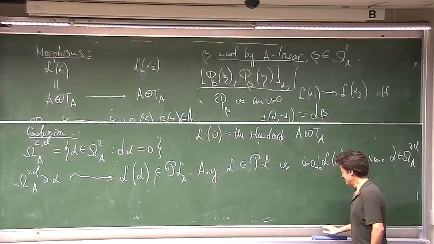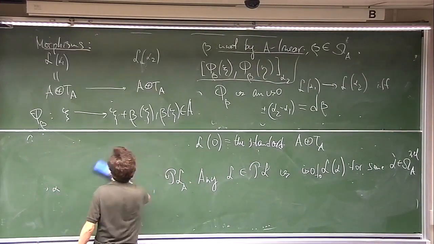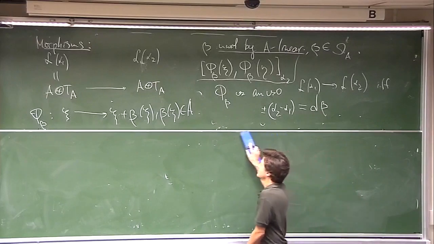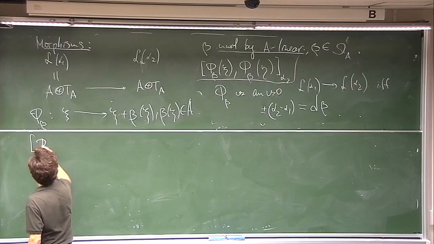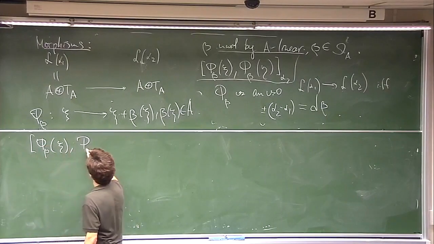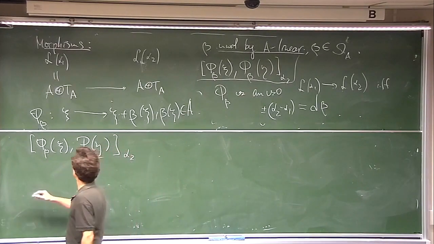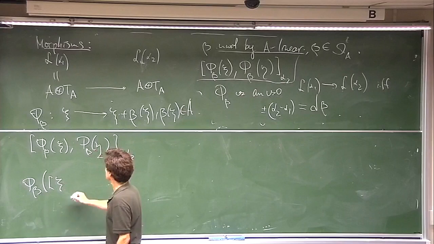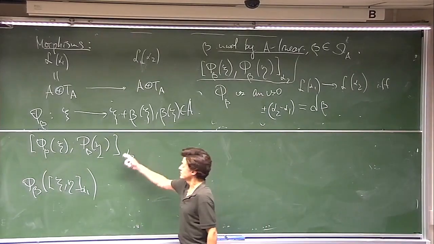But let me show you, that really is fundamental. What is it that I want to verify? I want to verify that the bracket of phi beta of psi and phi beta of eta with respect to alpha 2, I have to compare it with phi beta of the bracket with respect to alpha 1, and see whether or not this equals this.